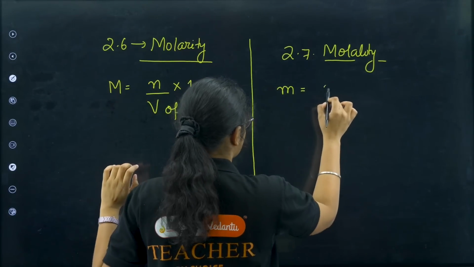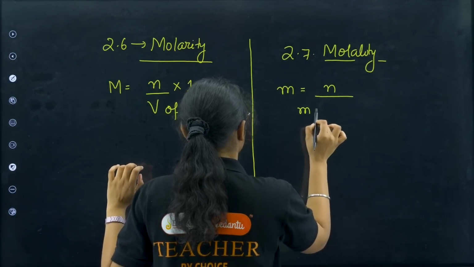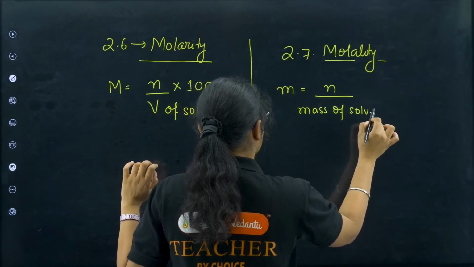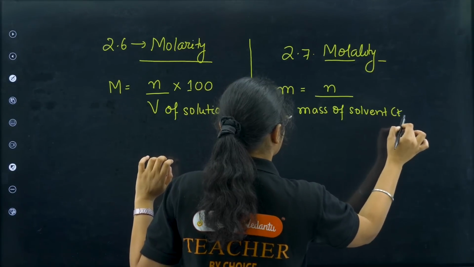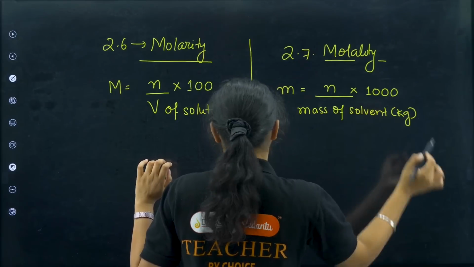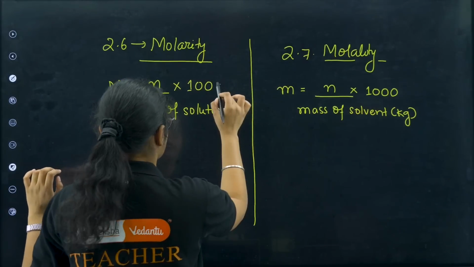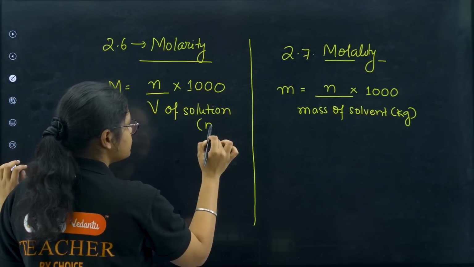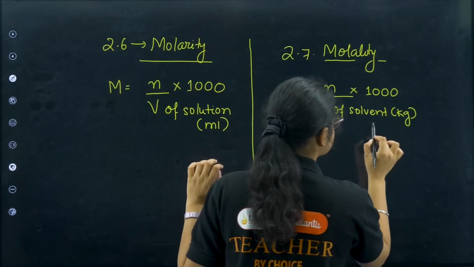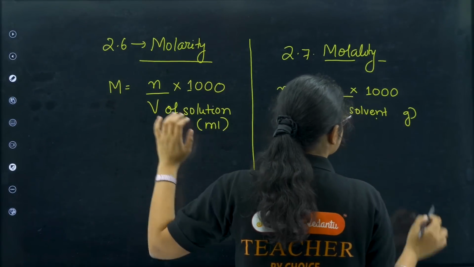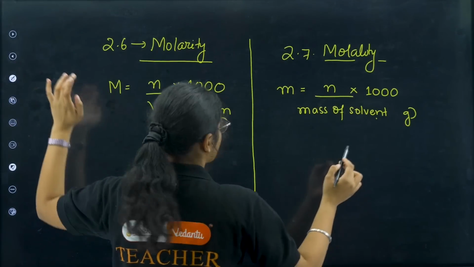So here it is number of moles by mass of solvent in kg into 1000. If you are multiplying by 1000, this volume should be in ml and this mass should be in gram. Then you have to multiply by 1000.